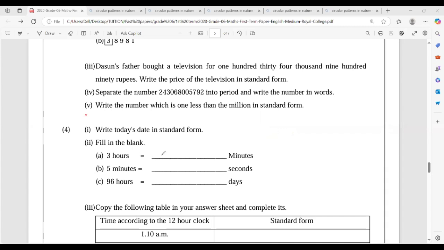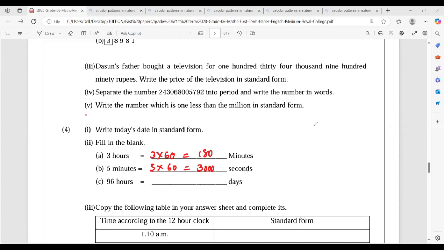And in the fill in the blanks: 3 hours equals how many minutes? I can say 3 into 60 minutes, 180 minutes. 5 minutes means 5 into 60, that's going to be 300 seconds. Then 96 hours in days.